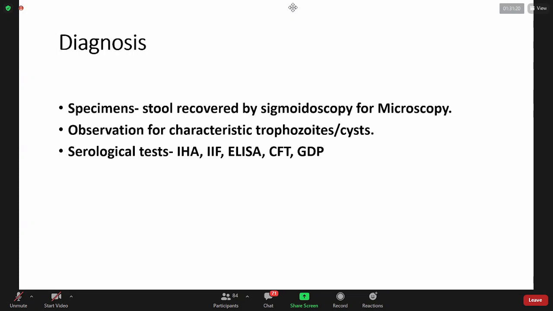It has one nucleus. The cyst may have from 1 up to 4 nuclei, but the mature cyst has got 4 nuclei. Then we can also use serological tests such as immunohemagglutination, immunofluorescence, ELISA, complement fixation, and so on.